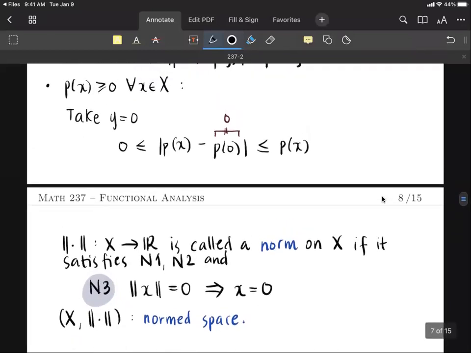Sometimes we will write the norm with a subscript. So a subscript means that would be the norm corresponding to that space. Well, this will be useful later if we are dealing with several norm spaces.